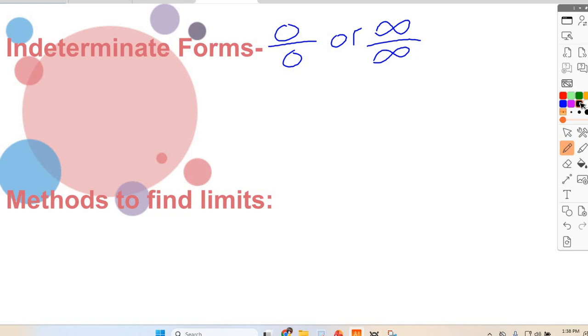Factoring. So to factor and reduce, right? I get 0 over 0 because they both have a common factor. I reduce that out. Now it's no longer 0. Now we can find our limit. What else? This was the one that y'all didn't like all that much.